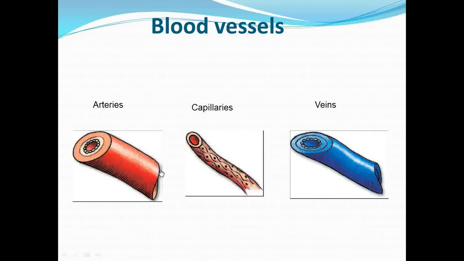Then when the blood gets to our muscles, we have things called capillaries, which are these small ones here, and the capillaries are really, really tiny, and that allows for the blood to diffuse and jump across into the muscles. And then on the way back, the blood comes back through the veins, which are not as muscular as the arteries because they don't have as much pressure trying to pump things around the body.